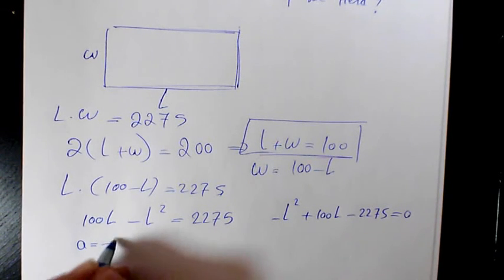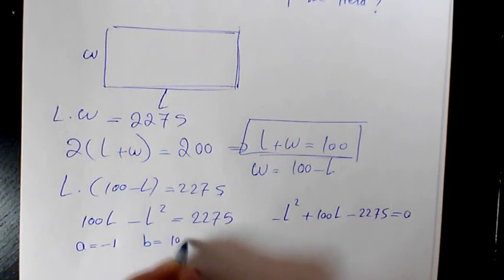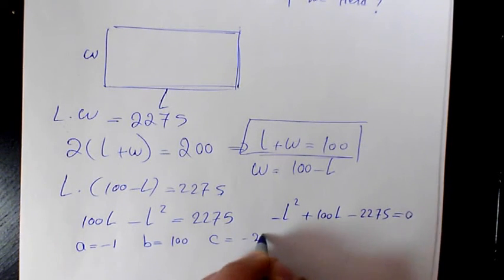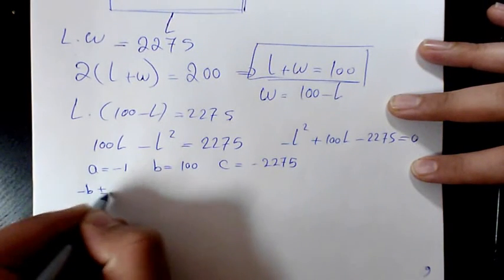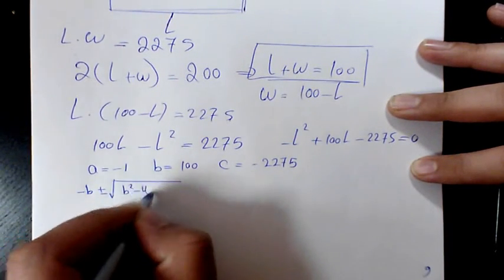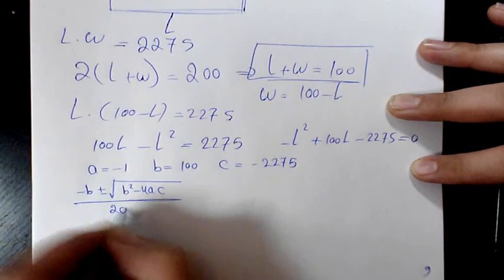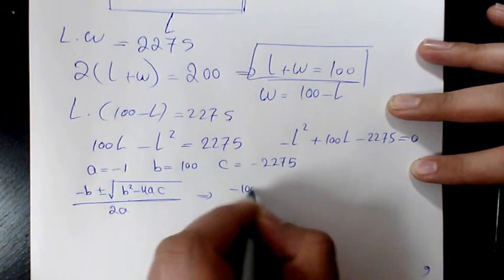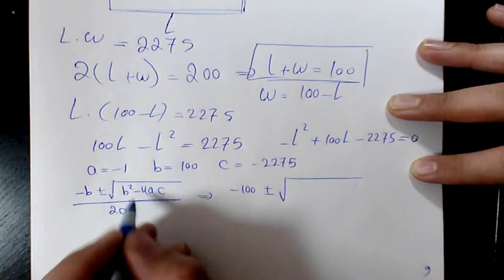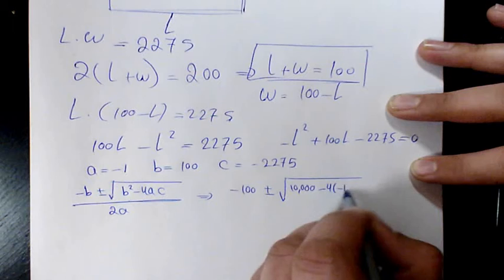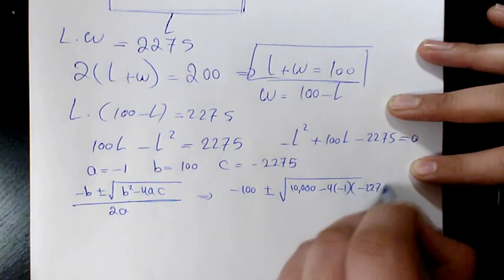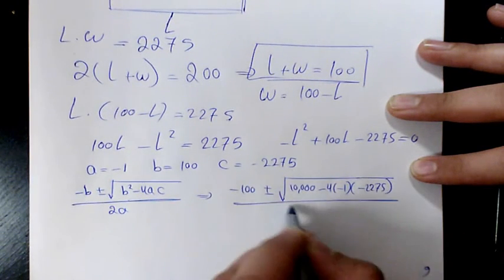A is negative 1, B is 100, C is negative 2275. Let's use the quadratic formula. Negative b plus or minus the square root of b squared minus 4ac, divided by 2a, which means negative 100 plus or minus the square root of 100 squared, which is 10,000, minus 4 times negative 1 times negative 2275, over 2 times a.